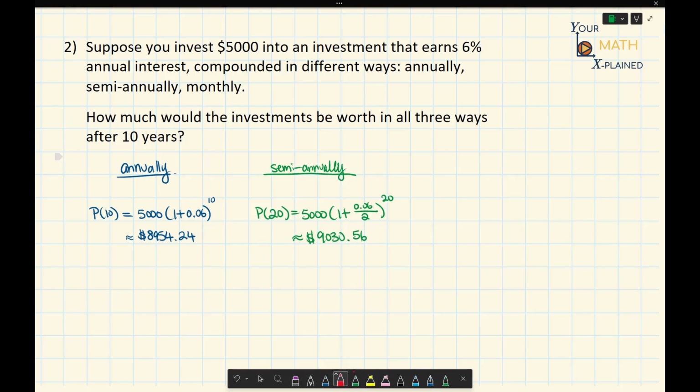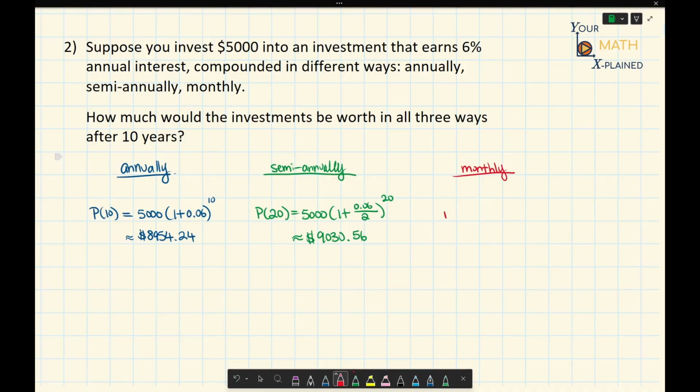And now the last scenario is that the interest is compounded monthly. So each year there are 12 months. And if this is 10 years, then that means we're going to have a total of 120 compounding periods.